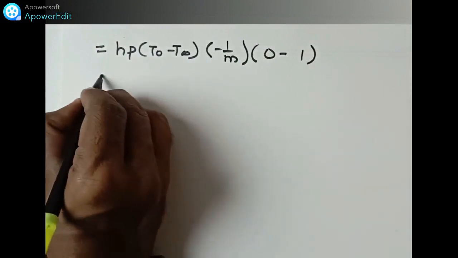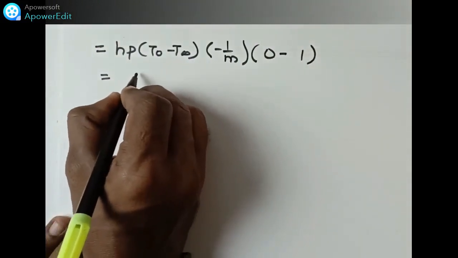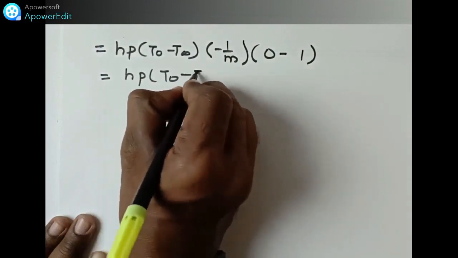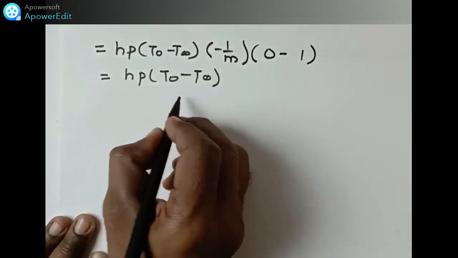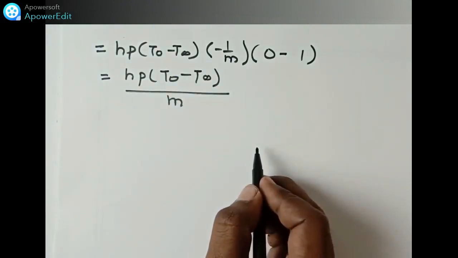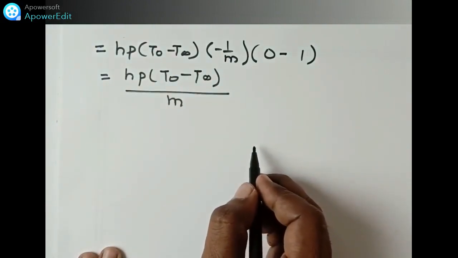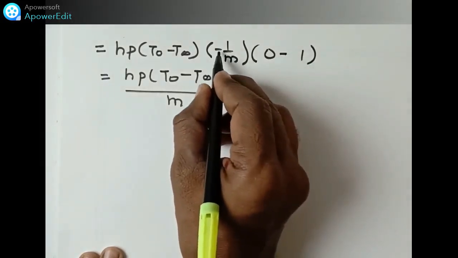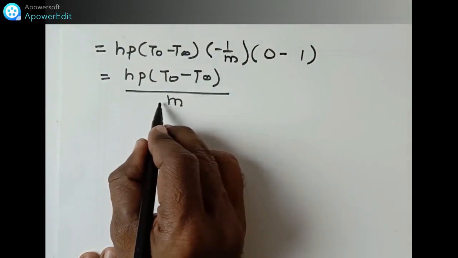So finally we will have here HP T naught divided by M. Now this minus and this minus will become plus. So here minus sign will vanish.